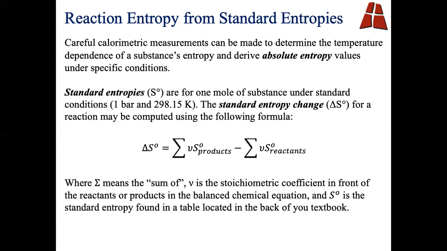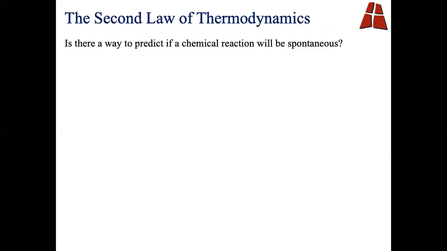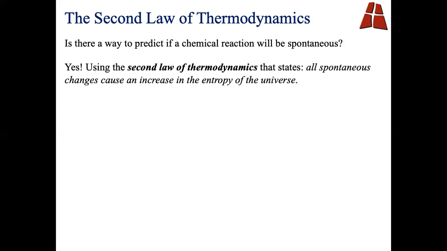Okay. Great. So that brings us to the second law of thermodynamics. The second law essentially asks, is there a way to predict if a chemical reaction will be spontaneous? And of course, this is a bit of a leading question coming from me because the answer is yes. And it ultimately derives from the second law of thermodynamics.